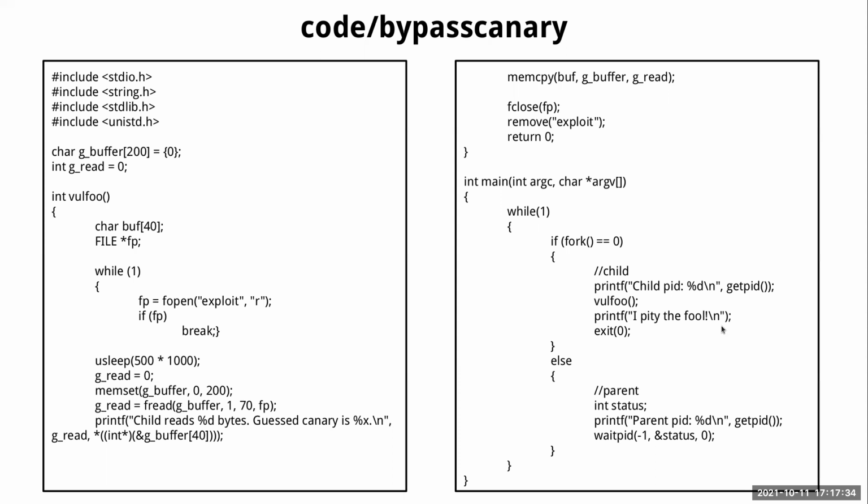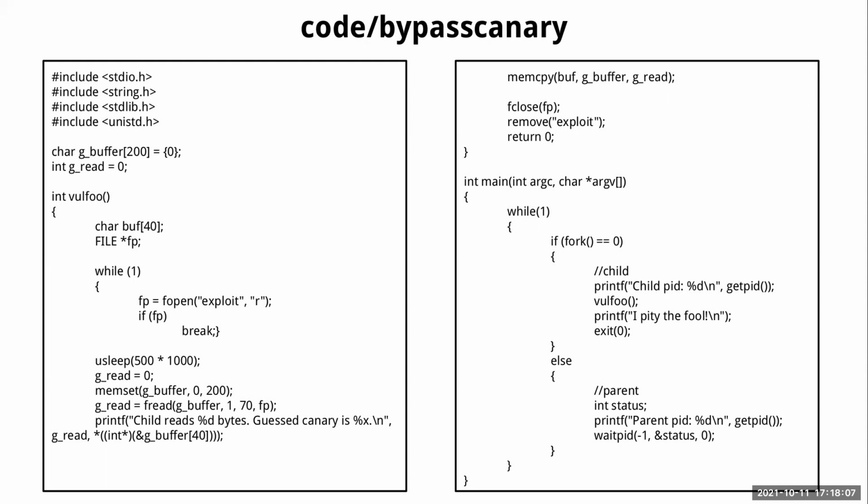If there is a buffer overflow and it is detected by the stack cookie mechanism, then when this program returns, you will see the line printed out by the C library: stack smashing detected. So that's the second case. The third case is that you successfully exploit this program, make it return you a shell, and it will not be detected.